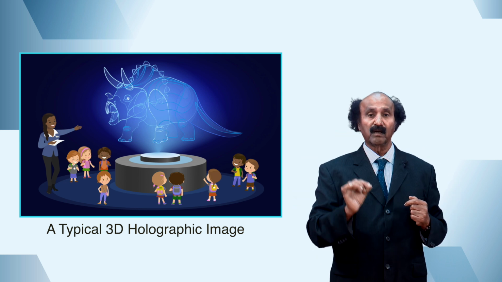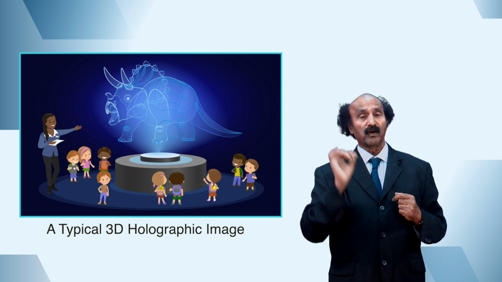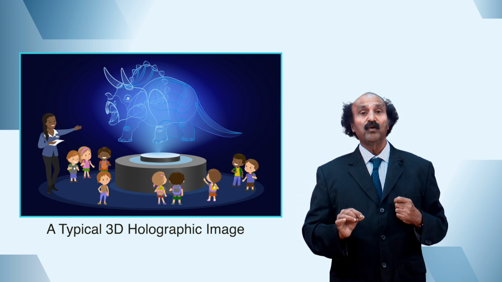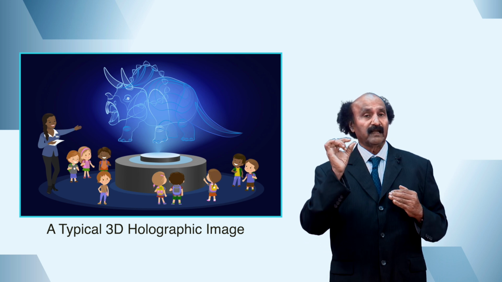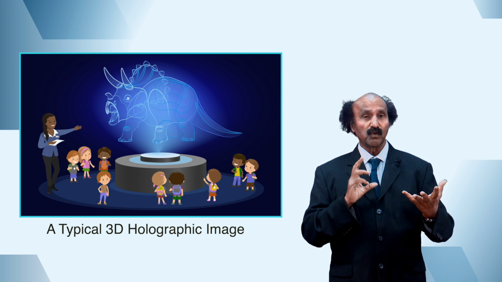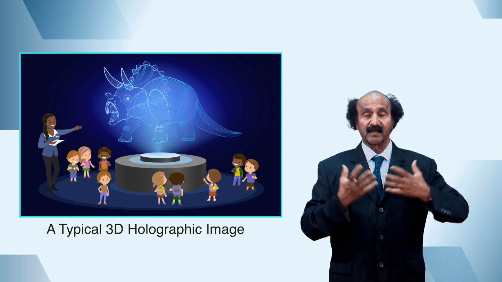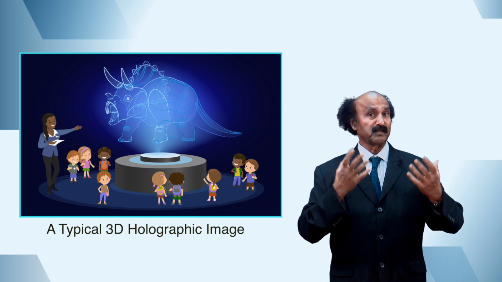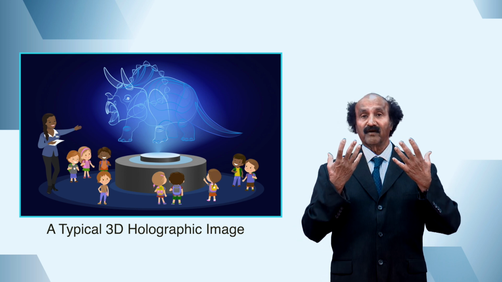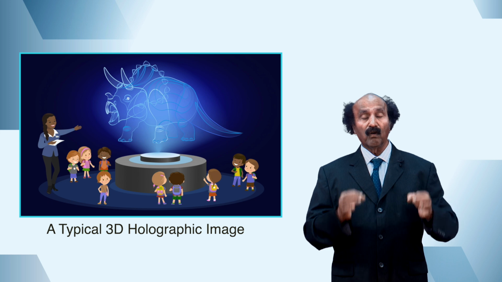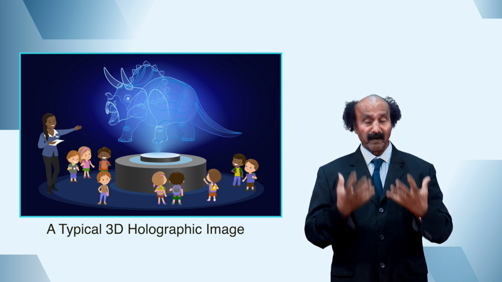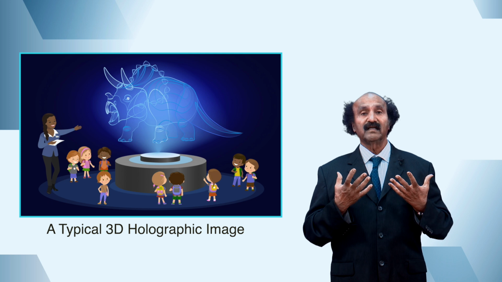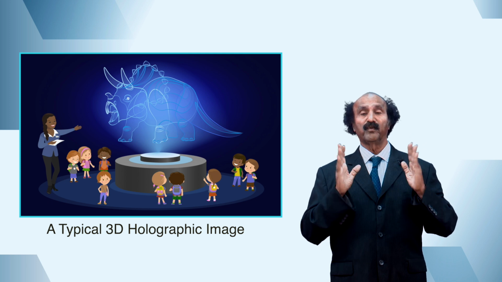Even in a very small broken holographic plate, you will see the complete image. Only difference is the image may not be so well resolved. The resolution and the clarity may not be so good. You may not have enough intensity, but you will have all the effect of 3-dimensional impact. Only thing is the clarity and the resolution will be poor.